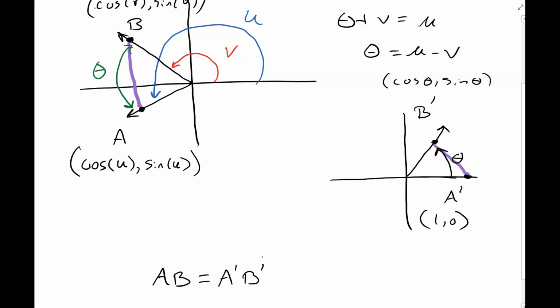Okay. So what I'm going to do now is actually calculate the length of those two segments, using the notation from AB and then using the notation from A prime, B prime. So if I want to calculate the length of this segment, what do I need to use from geometry?